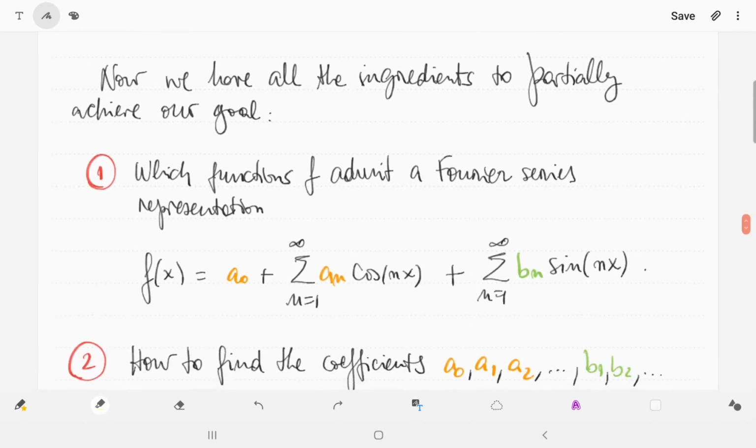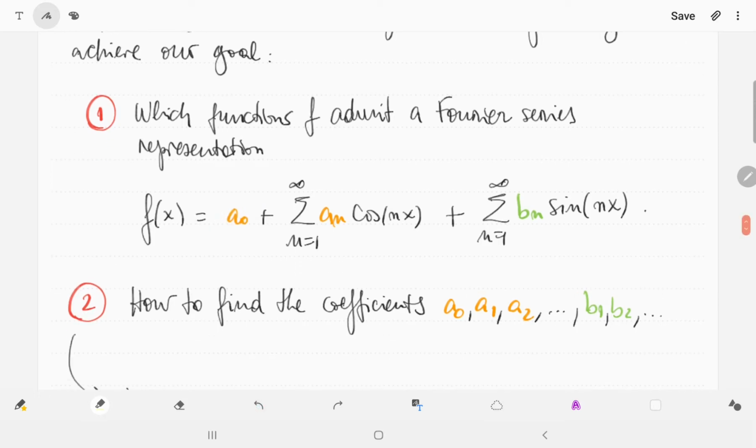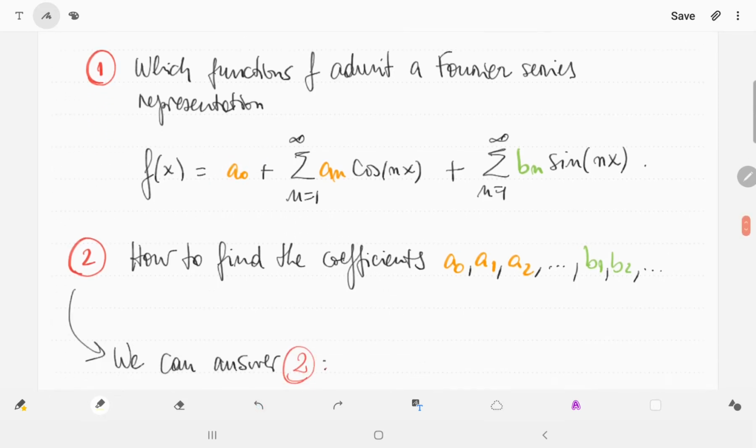Okay, so we have all the ingredients to partially achieve our goal. We already said that. Which functions f admit a Fourier series representation of this form? And how to find the coefficients a0, a1, a2, b1, b2.